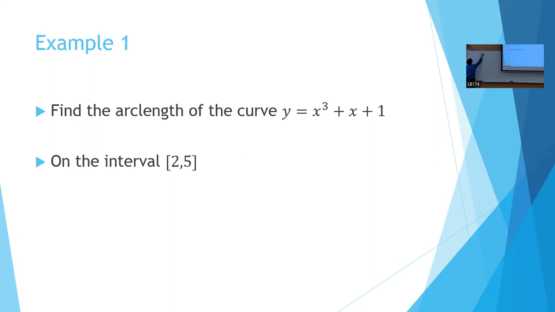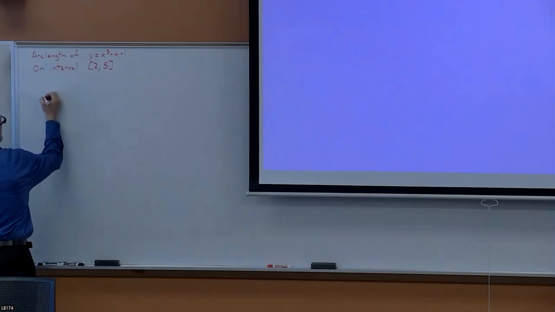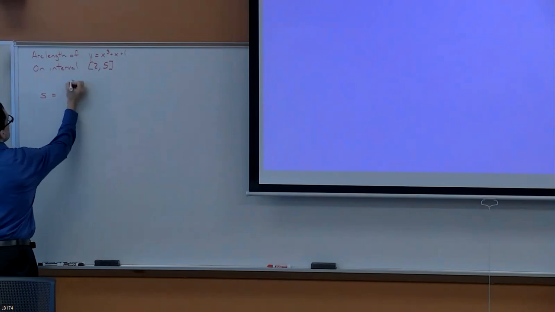By the way, when I say closed interval from 2 to 5, that's always going to be in terms of x values, okay? So that says from x equals 2 to x equals 5. So let's set up my arc length formula.